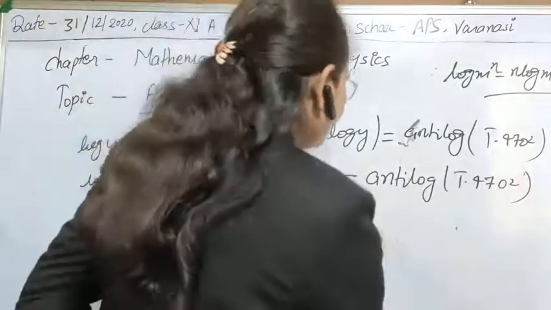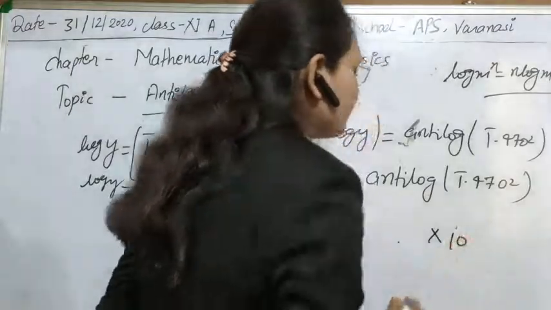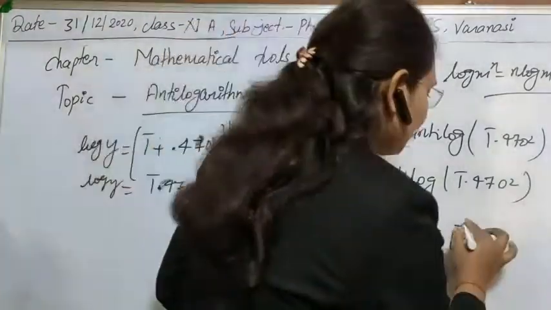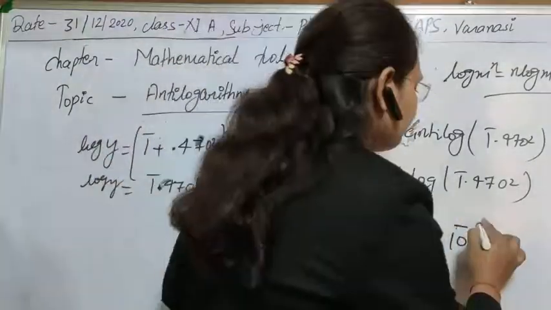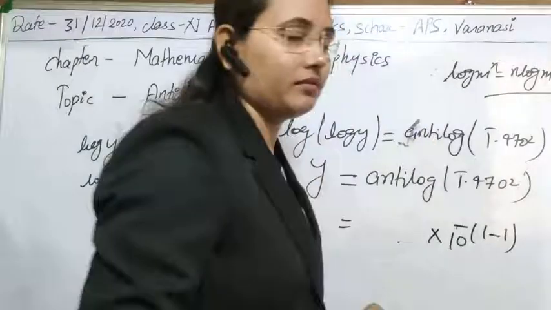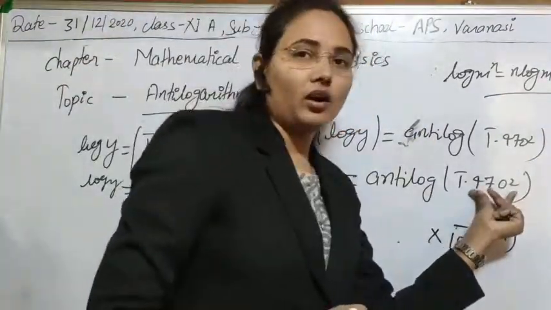Now just solve the anti-log of this quantity by the process that you have used before. First of all, put 10 here, after putting it put minus, after that see the quantity here, and that's why the minus. Now you have to open the anti-log table.